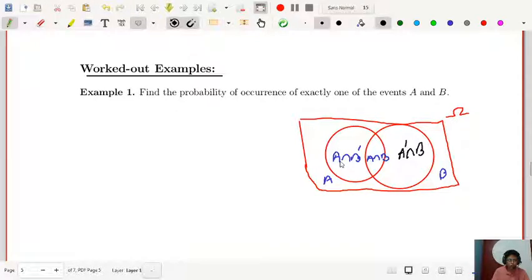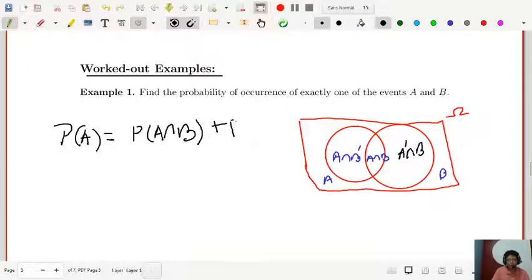So you can write using axioms of probability, probability of A equals probability of A intersection B plus probability of A intersection B complement.